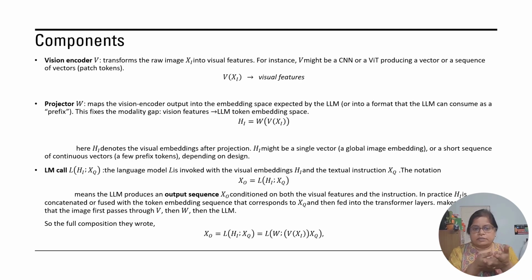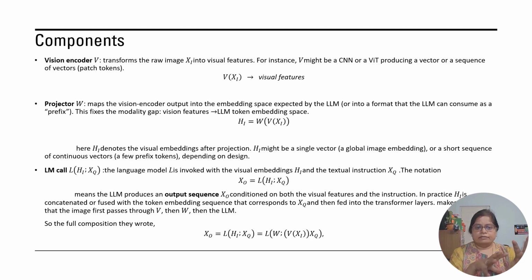The job of the projector is to map the output of the vision encoder into the embedding space of the LLM. The output is still the feature vector, but it is wrapped in such a way that it can be mapped to the embedding space of the LLM.